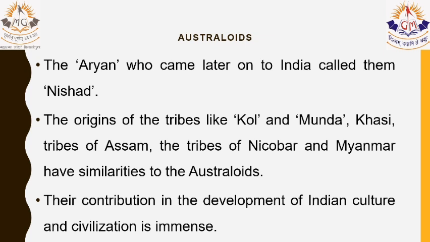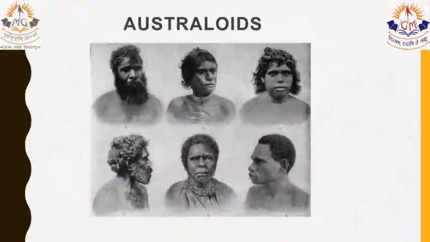Then the tribes that are living in Nicobar and Myanmar also have similarities with the Australoids. So the contribution of the Australoid people in India cannot be ignored. They helped in the development of Indian culture and civilization, and their contribution is very great and immense.